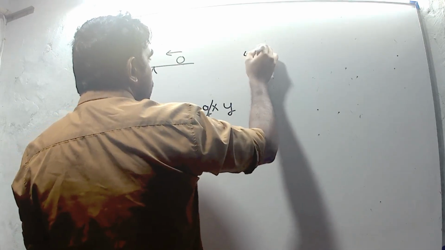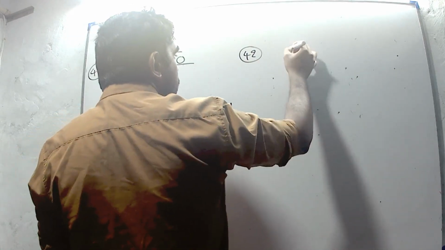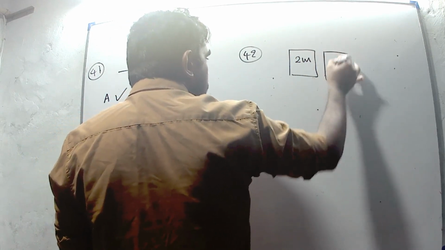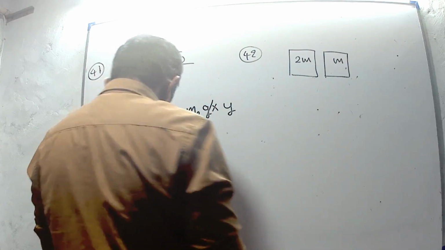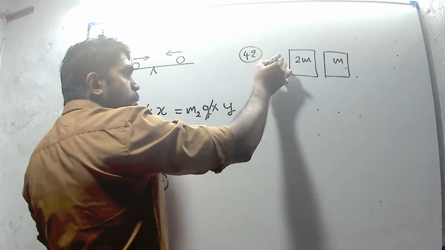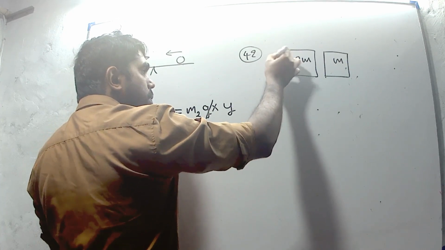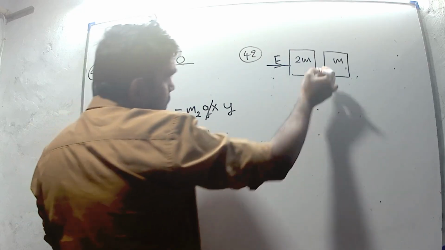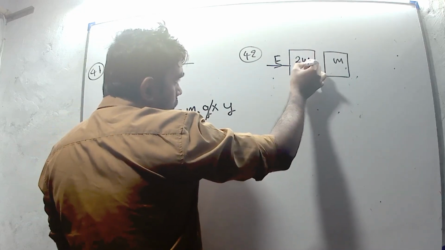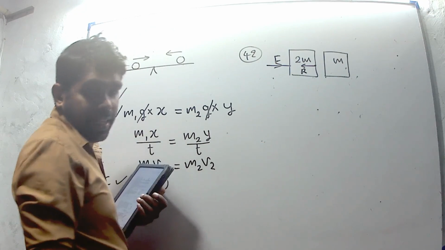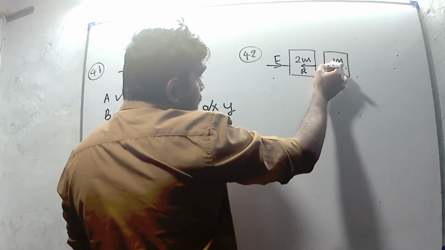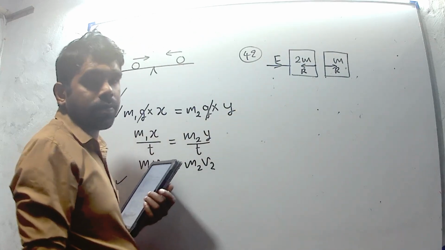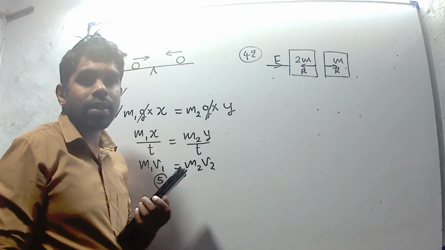There are two masses, 2m and m. When a force is given to this mass, there is a reaction from this point, and there is an equal and opposite reaction for the m mass according to Newton's third law.